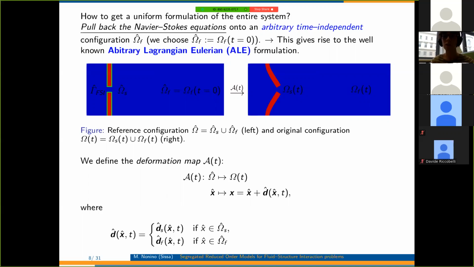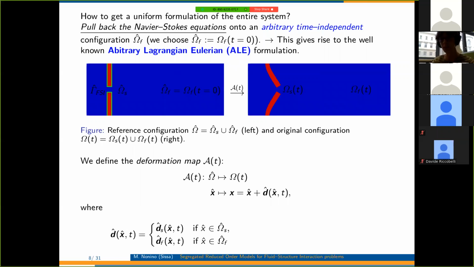So in order to be able to do this, we define a deformation map, which goes from the reference configuration to the original configuration at time t. And as you can see, this deformation map is basically an identity mapping plus a displacement.